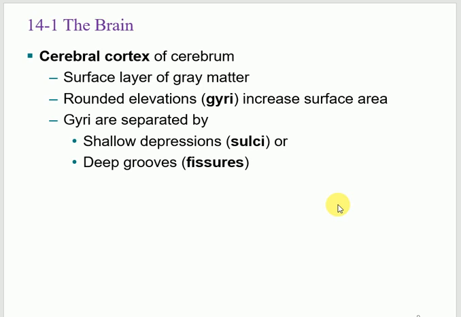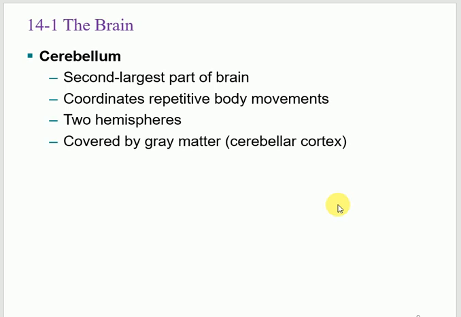The depressions are called sulcus, but some of them are deeper and we call them fissures. So elevation is gyrus. A shallow depression is sulcus, which is the vast majority, and the deeper ones are called fissures. If I just cut a little bit like this, we call this sulcus. If I cut all the way deep in, we call it fissure.